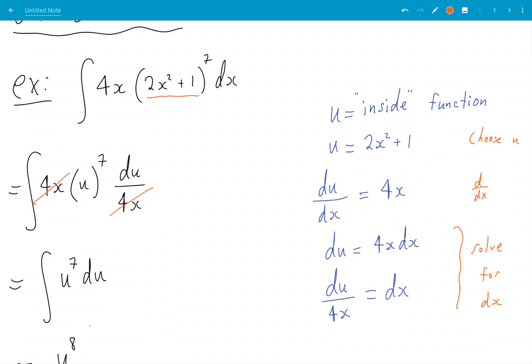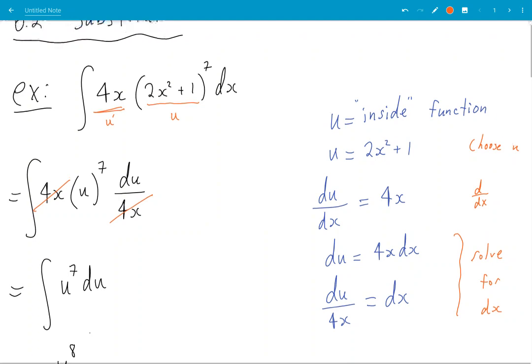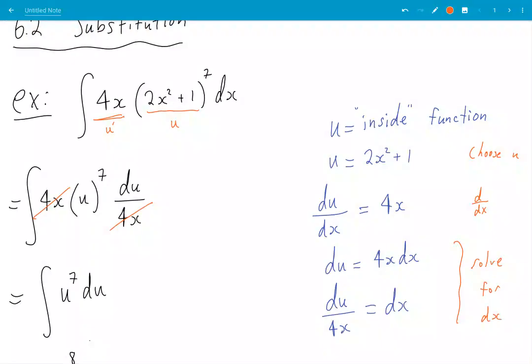Here is u, right? And then directly outside, what is that? Well, that's u prime, right? So what we're doing with substitution is we are kind of reversing the chain rule.